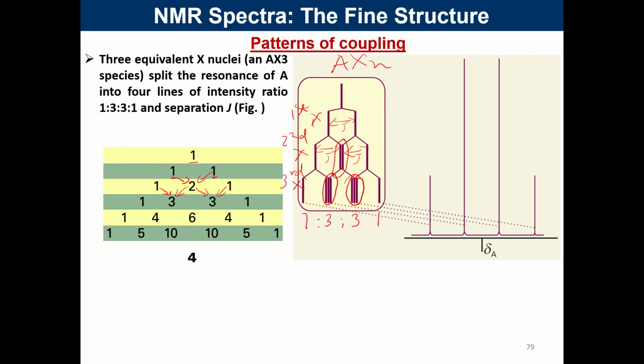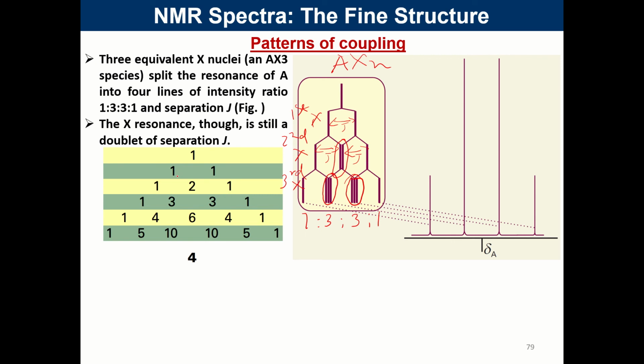So this is the interaction in AX3. The same thing, as I told you, can also be expressed by a kind of triangle which we can make. In this triangle, you start from the top and go on with the pattern.